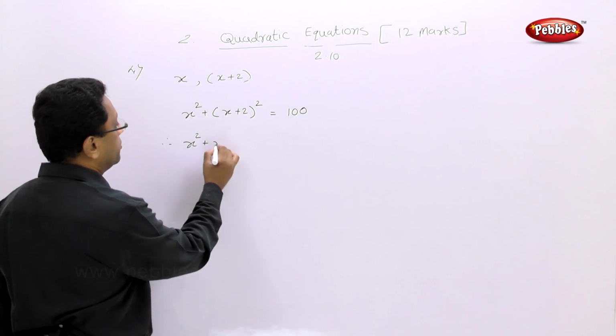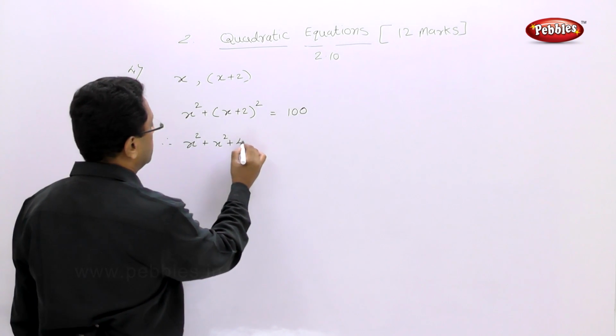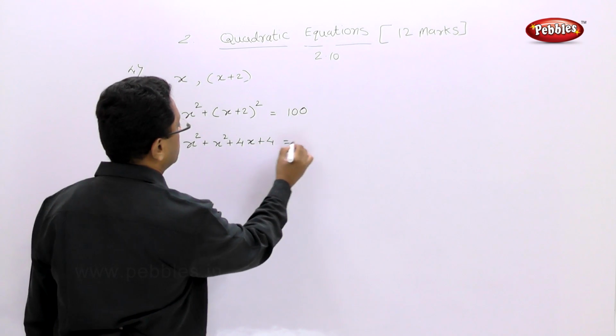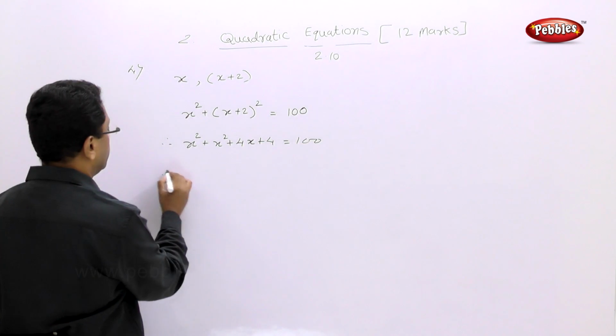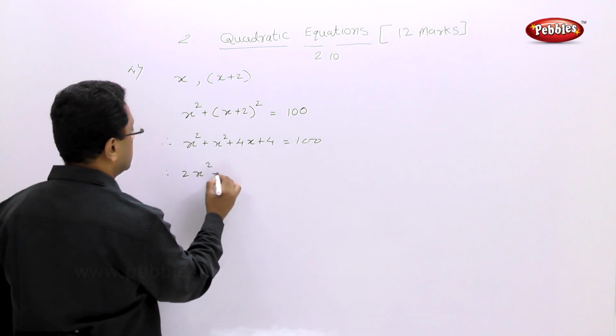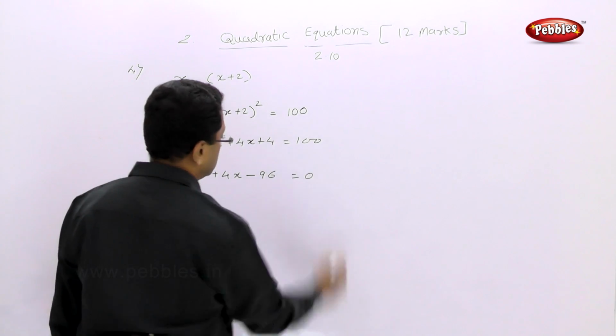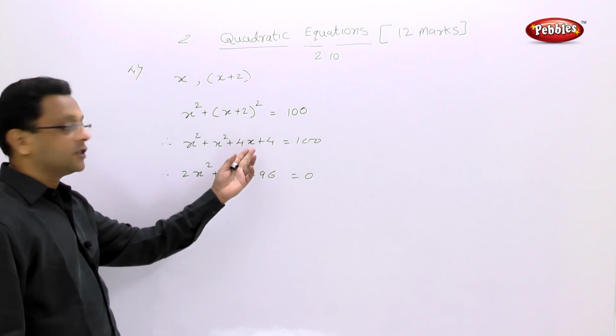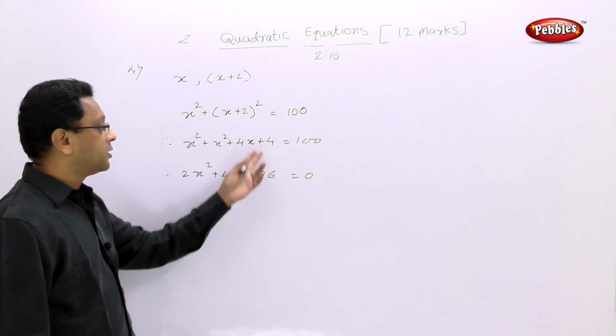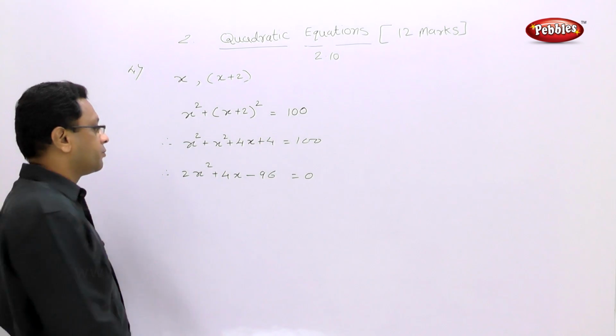x square plus x square plus 4x plus 4 is equal to 100, and we get here 2x square plus 4x minus 96, as 100 transferred here becomes minus 100 plus 4 is minus 96.